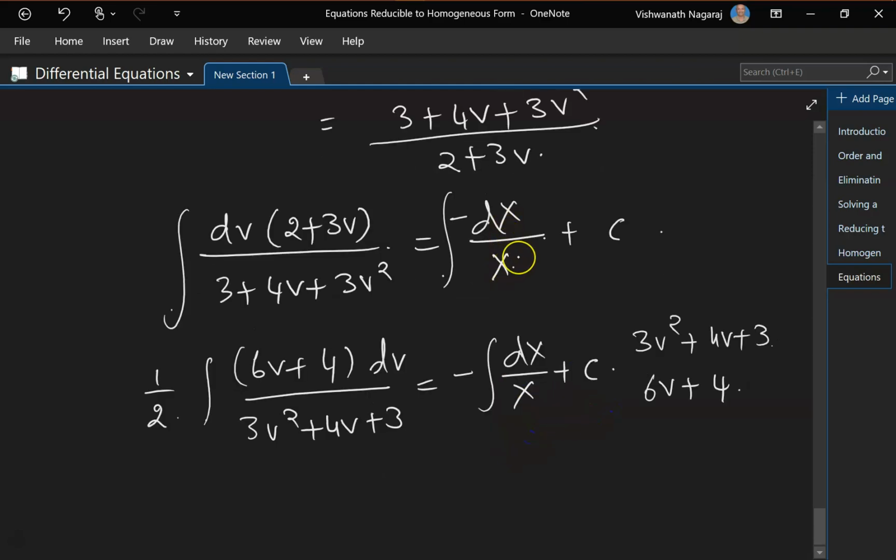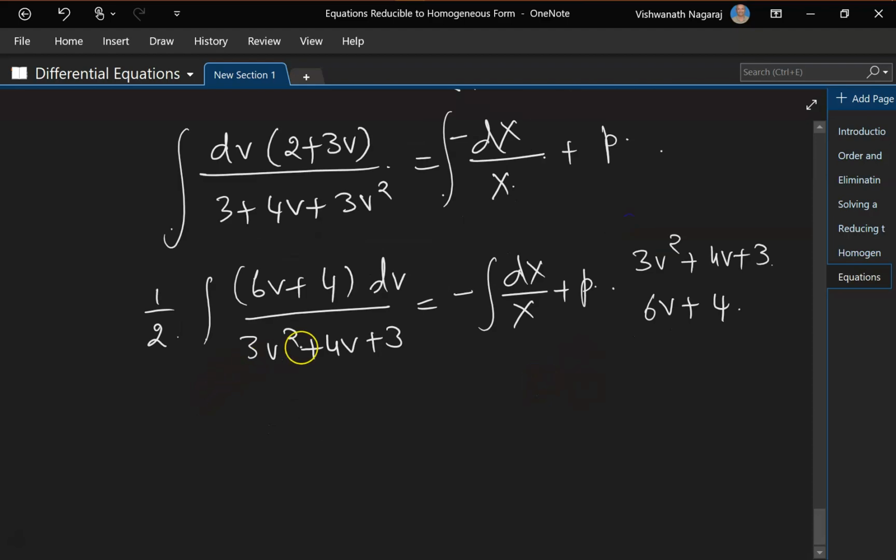Now by looking at this itself, you realize log will come up. So let's not use c. Let's use, let's say, p. Okay. Now let's integrate it. 1 by 2 times log of 3v square plus 4v plus 3. Let's differentiate this to see whether we get back that. Log of this is 1 by this times the differential of this. So 6v plus 4 dv. Okay.